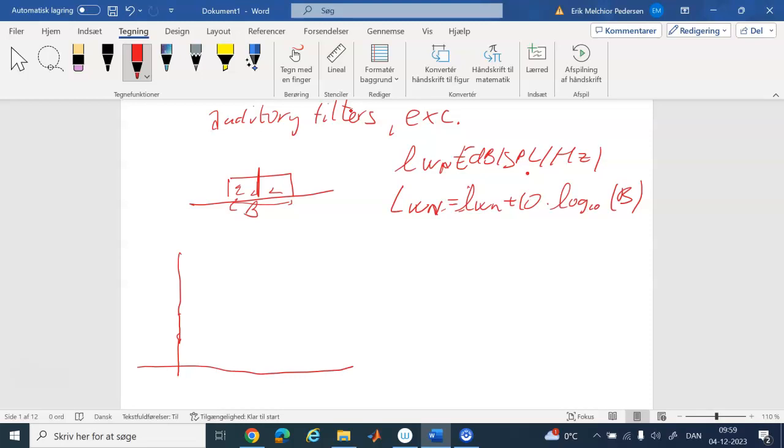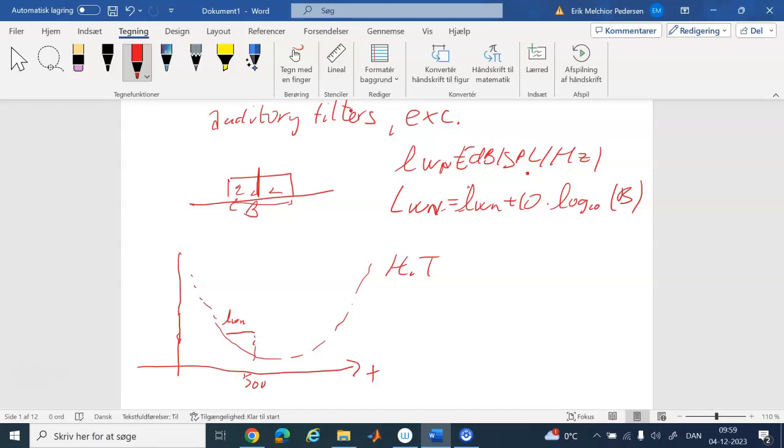We have the frequencies here, and we have the threshold curve, the hearing threshold. If we have a certain spectral level, LVN, here, less than 500 hertz it's flat, constant.